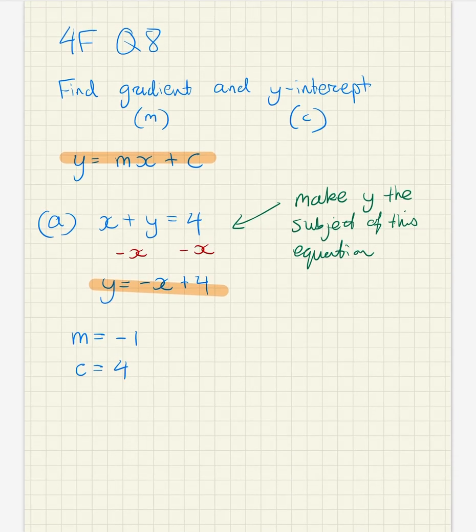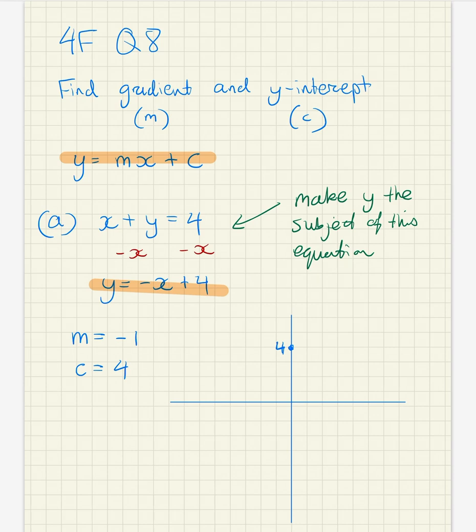Now, I can graph this using this information. So I've got a y-intercept of positive 4, and I've got a slope of minus 1.